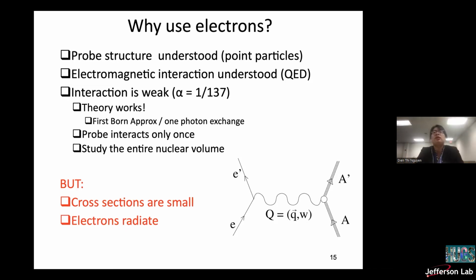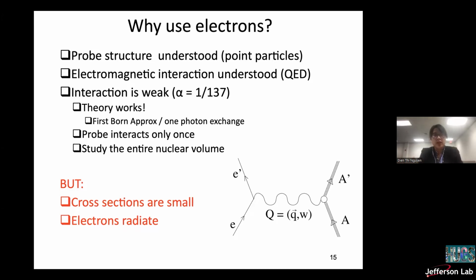That is the good thing about using electron, and this interaction is so weak, which means the electron will not interfere with the structure of the nucleon. So we can use electron to study the structure of the nucleon. And the theory also works too.